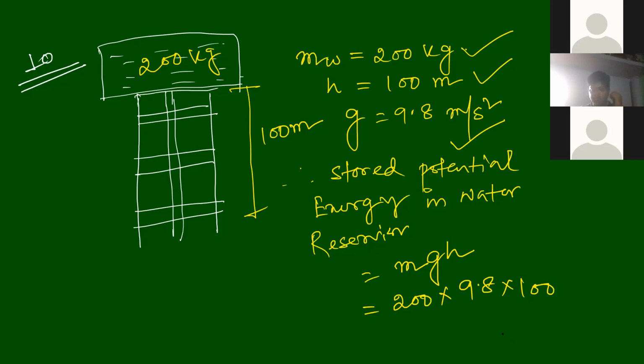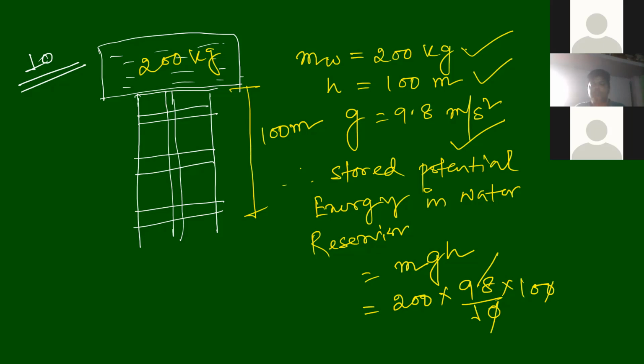Now, the easiest way to calculate: do not multiply them directly. Just omit the point from 9.8 and you will get 98, and the zero can be eliminated. 98 twos are 196.